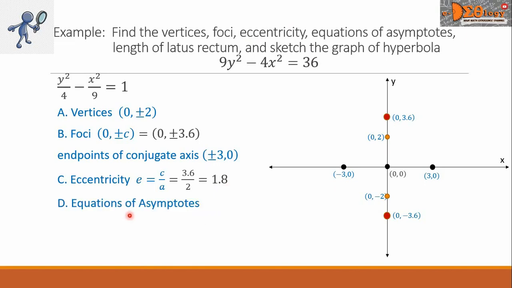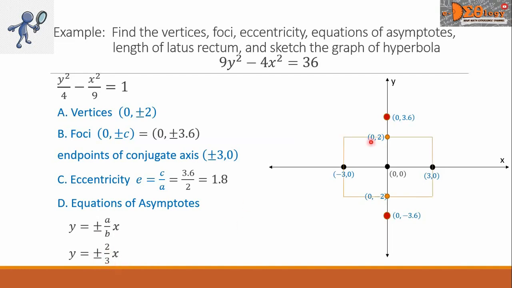Next are the equations of asymptotes. The formula is y equals plus or minus a over b x. Let us substitute the values. So we have y equals plus or minus 2/3 of x.